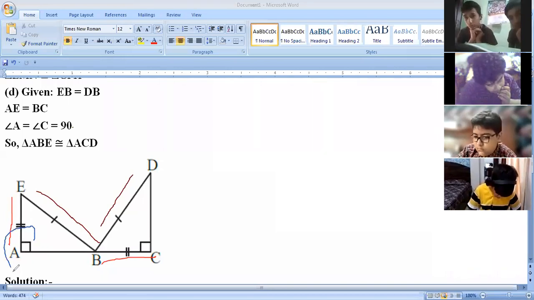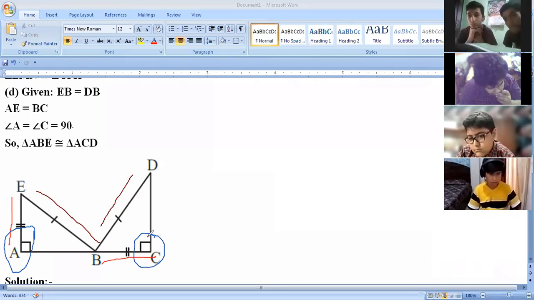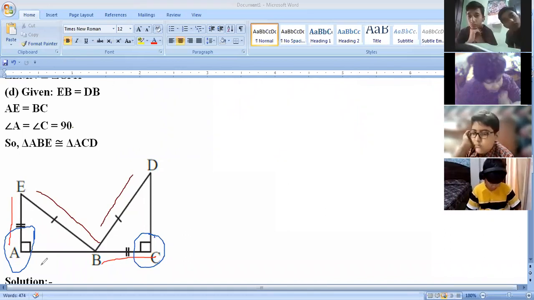This is angle A and this is angle C. Both are 90 degrees because this square sign is marked over here. This means these two angles are of 90 degrees. So which criteria will work here? Janmijay, which criteria will work here?